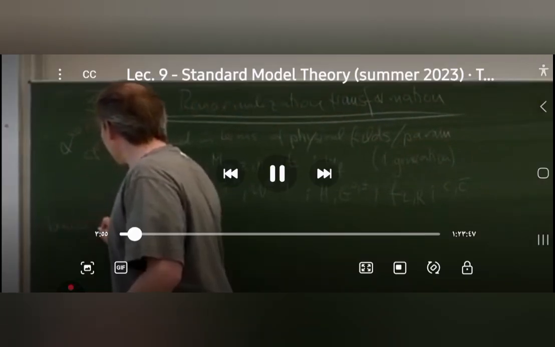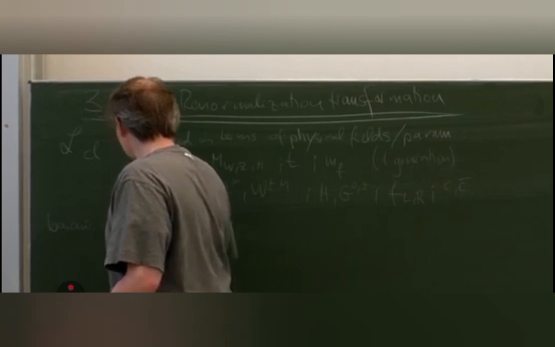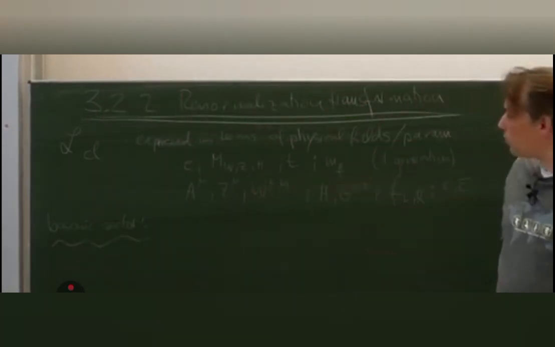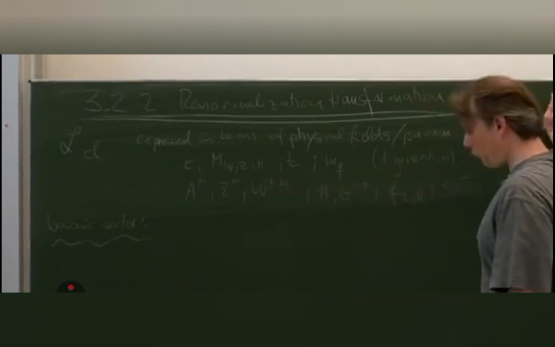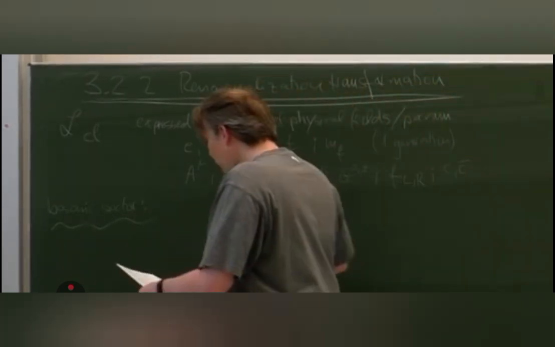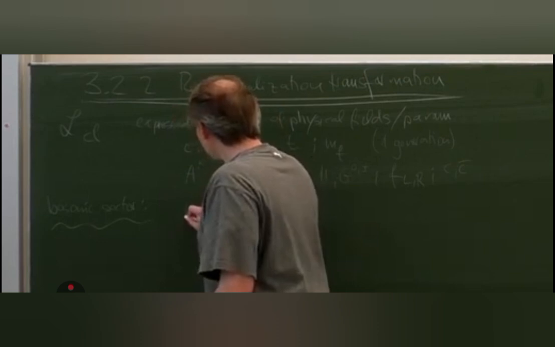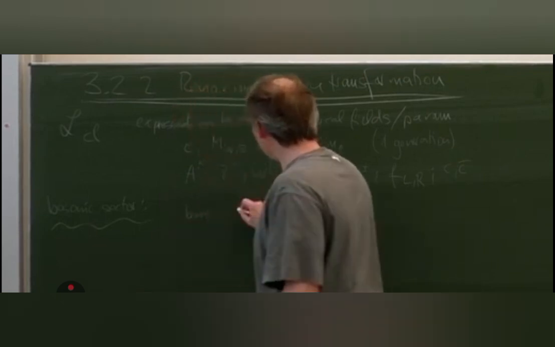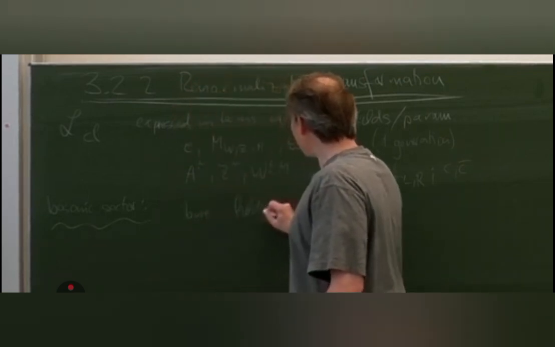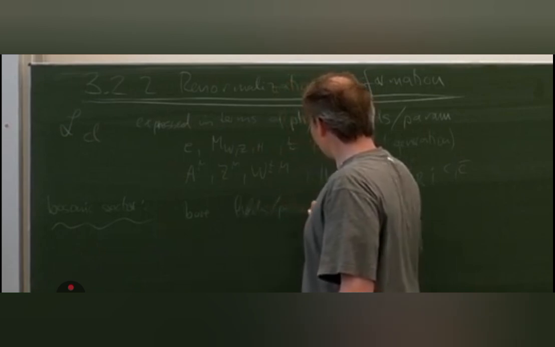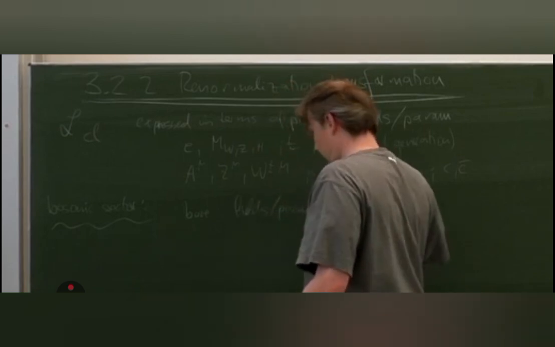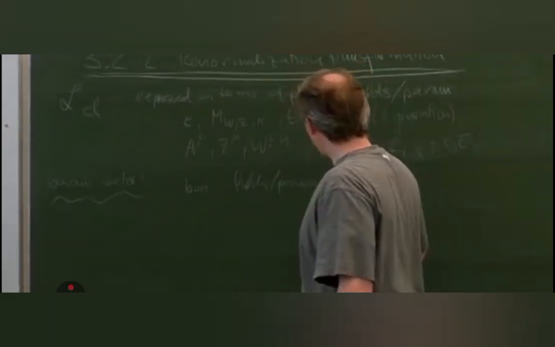So let us start maybe with the bosonic sector, which is the sector involving the gauge bosons and the Higgs bosons and the associated parameters. So there we construct bare fields and parameters in the following way.